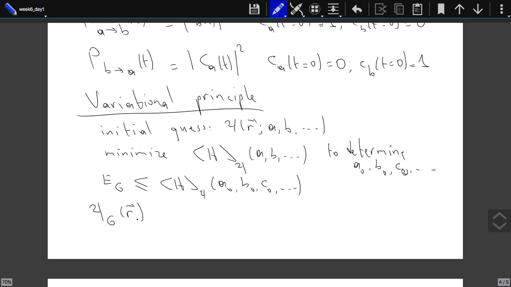And in the book there was this example of the hydrogen molecular ion, and just using a trial wave function with a single parameter, we could reproduce the binding energy to within a few electron volts, using some physical arguments. By using more parameters, you can get arbitrarily close to the ground state.